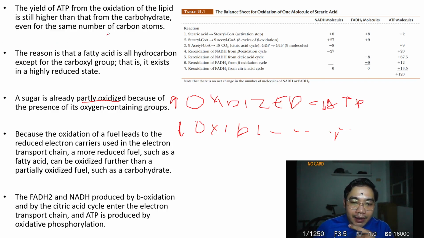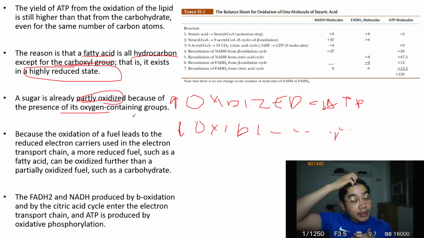So, going back, your lipids, your fatty acids, are all hydrocarbon except the carboxyl group. It's in a highly reduced state. Unlike your sugar, which is partly oxidized, meaning there are fewer things to oxidize.